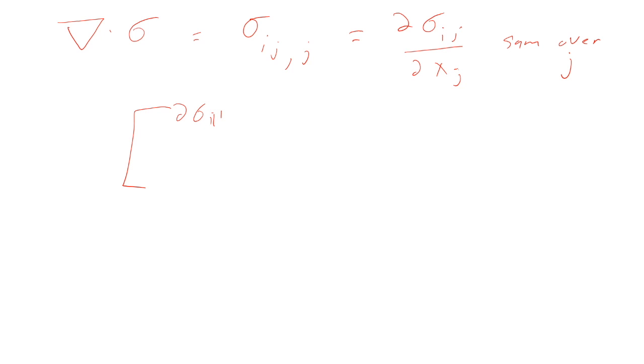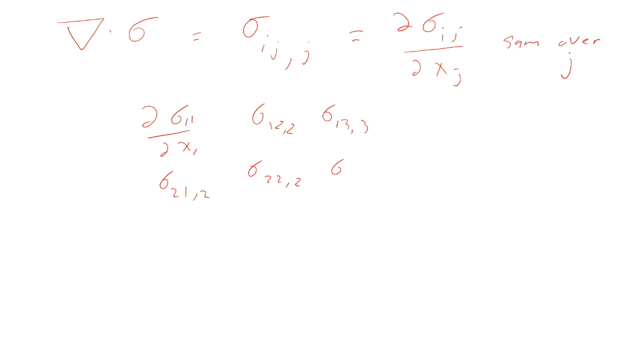A lot of people wrote the answer to that question as partial sigma 1 1 partial x1, and so on. They wrote out all the terms correctly, and left it just like this as a 3 by 3 matrix, right?